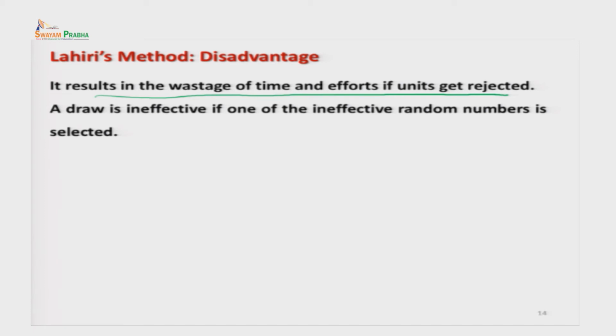In such cases many of the draws of random numbers become ineffective, which means they are unable to provide us a sampling unit to be included in the sample. So a draw is ineffective if an ineffective random number is selected.